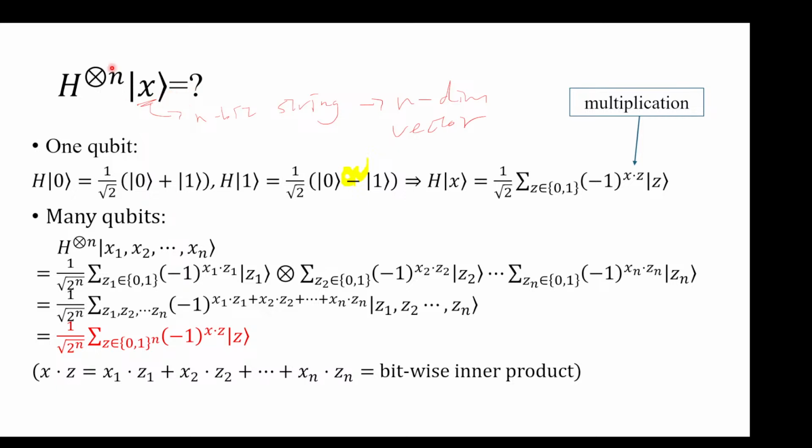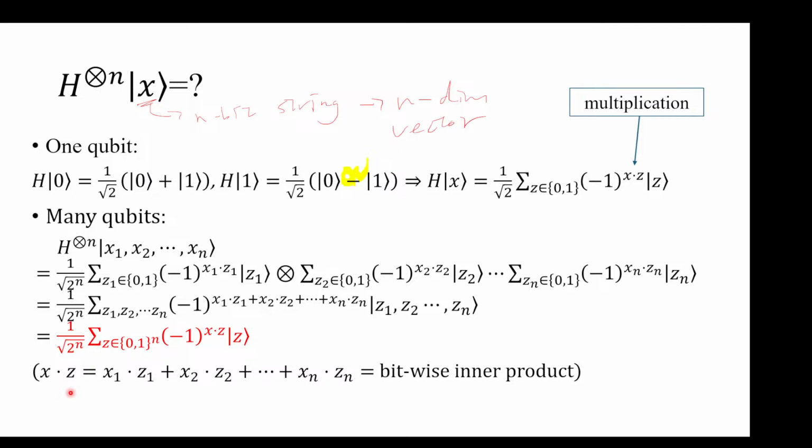This will be x1·z1 + x2·z2 up to xn·zn. We call this the bitwise inner product because it's like an inner product between n-dimensional vectors.